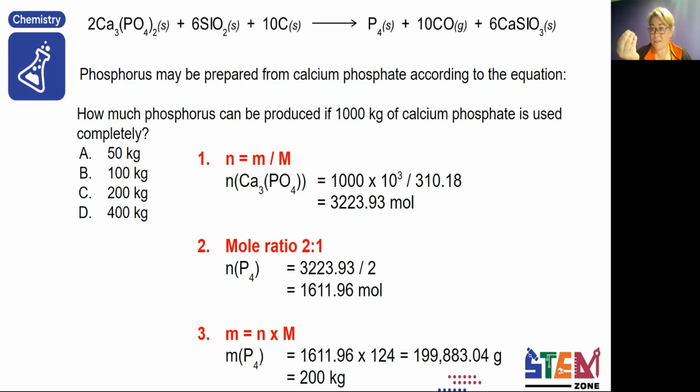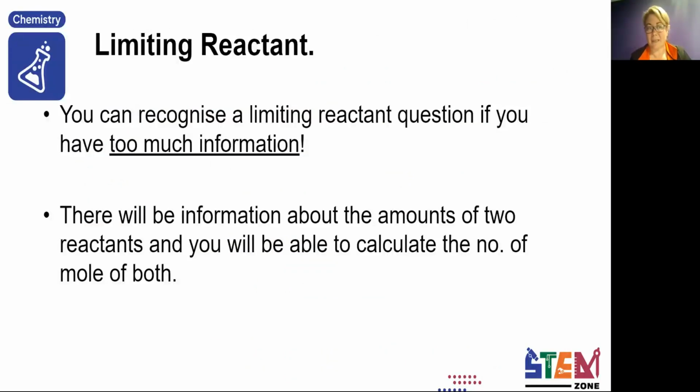So that's the only thing contributing to the mass. So you can't relate them just with mass values. You have to go through number of moles because we know that 2 calcium phosphate molecules will produce 1 phosphorus molecule. So you have to go through the number of moles. We're counting particles.